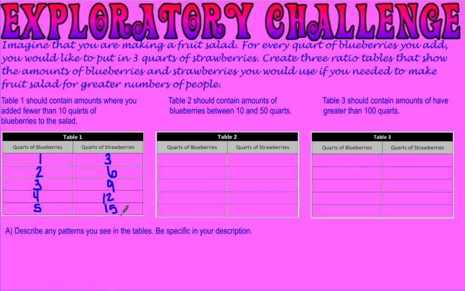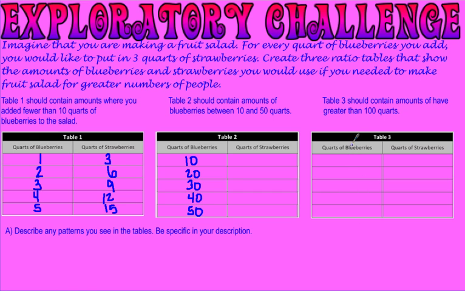Okay, and we'll go into a little bit more detail with what these mean and how to use them momentarily. All right, so then for the next one, we want to do amounts of blueberries for 10 to 50 quarts. So if I have 10 quarts of blueberries, 20 quarts, 30 quarts, 40 and 50.